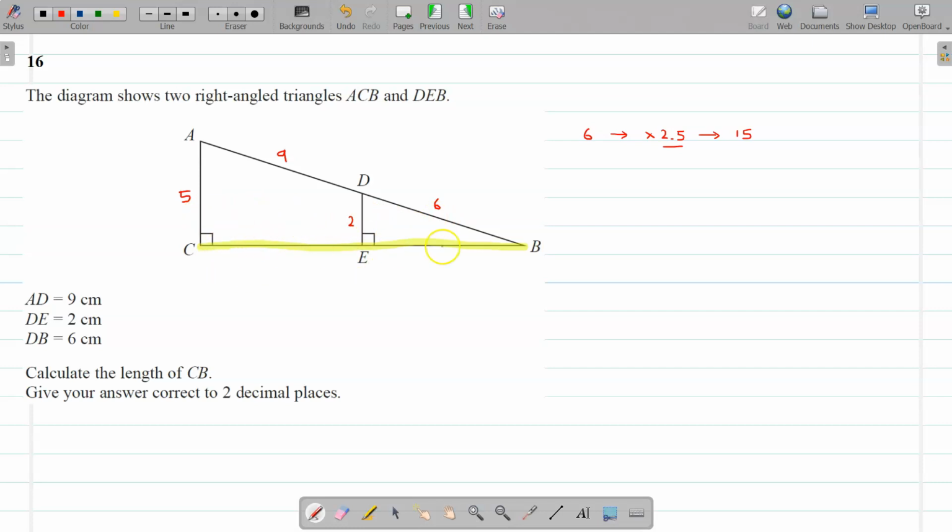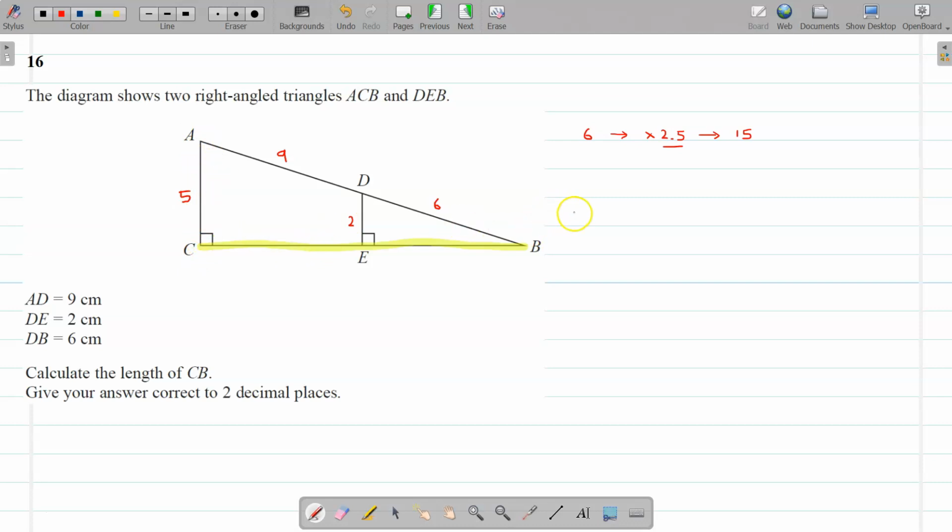In fact, I can get this line CB in one go because I've got a right angle triangle here with a hypotenuse of 15 and a vertical height here of 5.